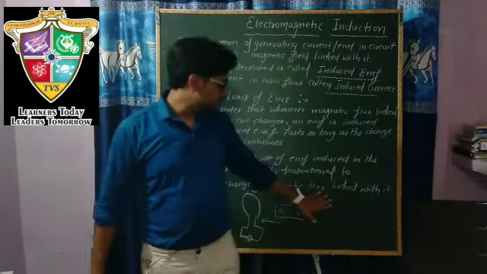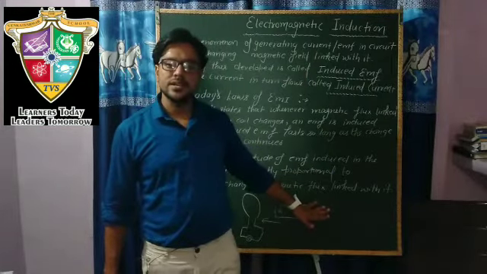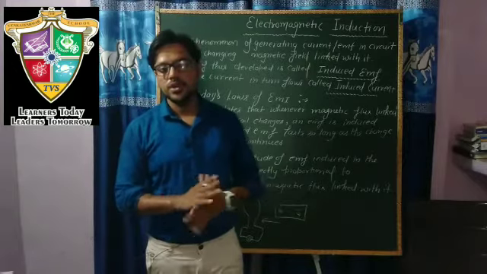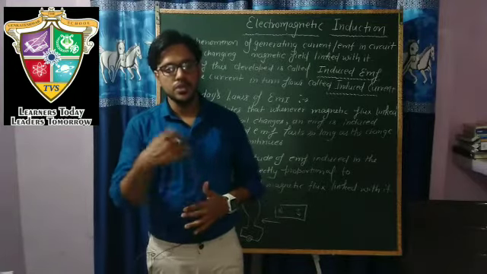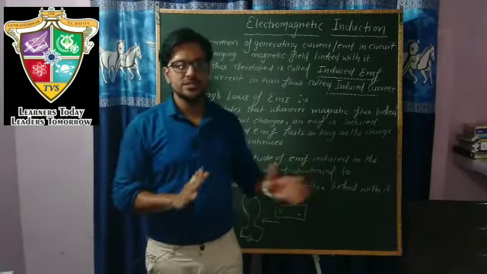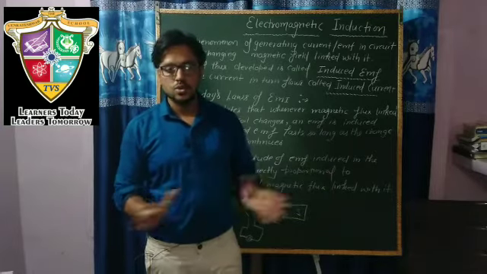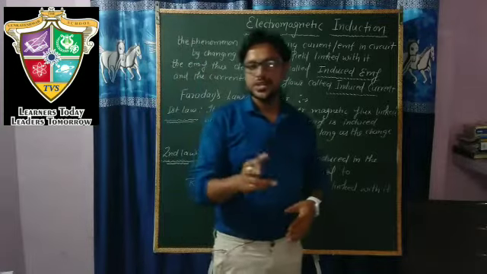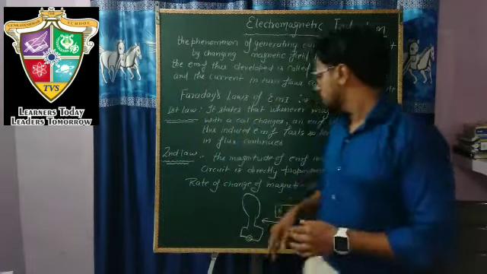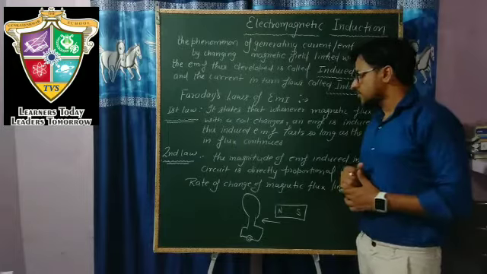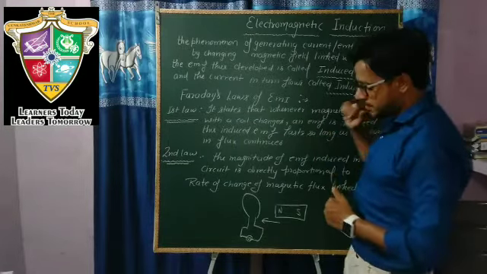Means if we stop the change in the magnetic flux, EMF will not be induced. So EMF is induced as long as change is there. Magnetic flux presence is not sufficient, it should change for induction of EMF. So this is the first law of Faraday.